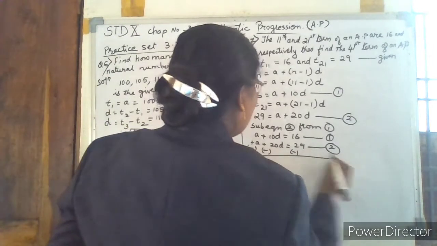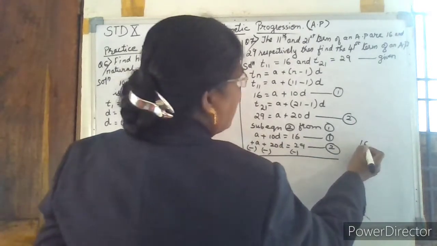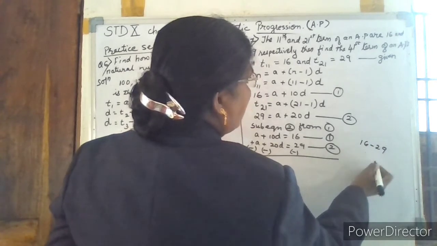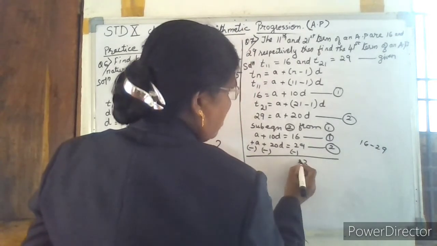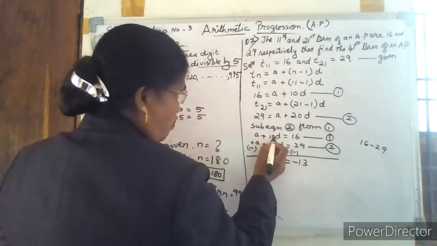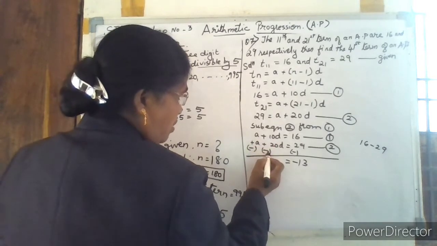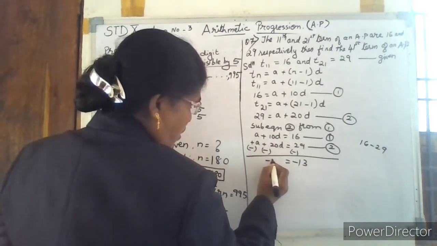Now subtract it. 16 minus 29 will give you 13, but with the sign of the greater number, minus 13. Then 10 minus 20 will give you minus 10d.